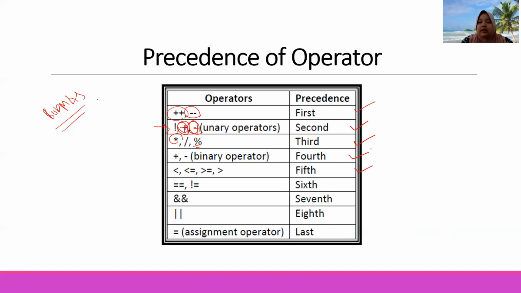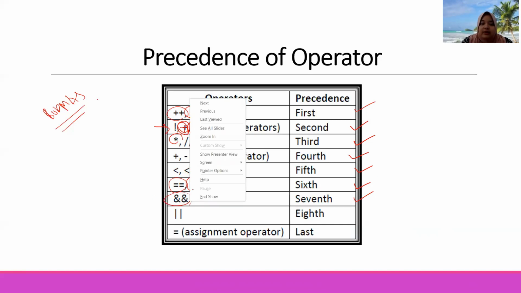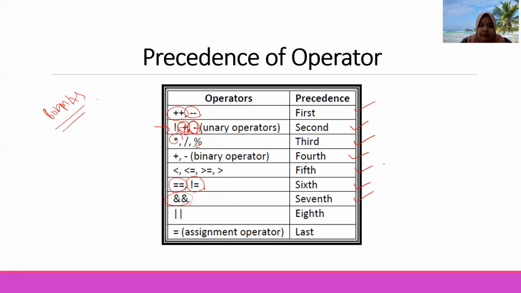Yang keenam, level yang keenam dah rendah dah ni, iaitu equal and not equal. Ketujuh adalah logical operator AND. Okay, AND. Yang paling rendah adalah OR. Dan last sekali adalah assignment operator.